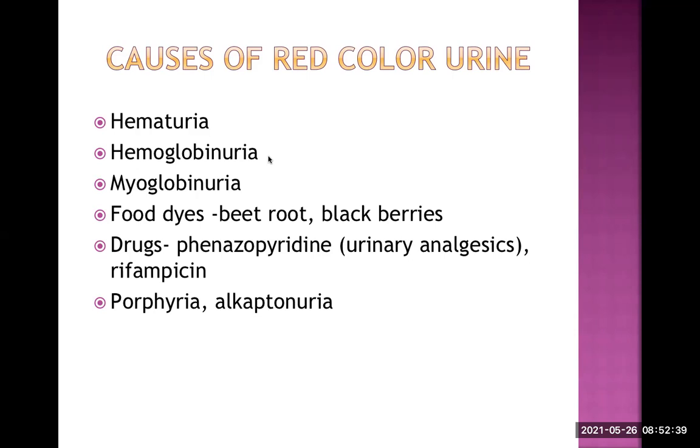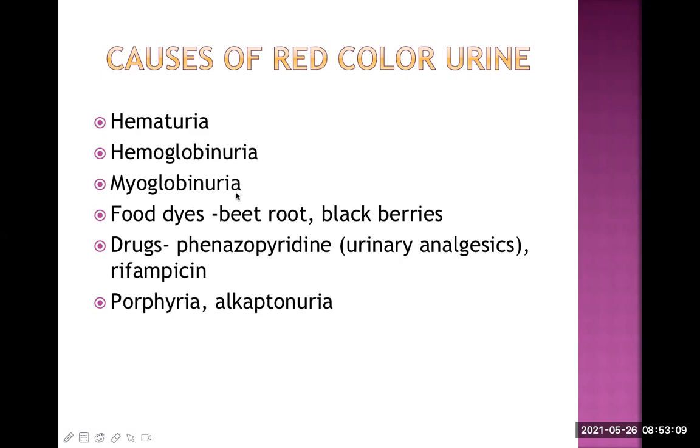G6PD deficiency is another one. Autoimmune hemolytic anemia is another one. Drug reactions can also sometimes lead to hemoglobinuria. Sickle cell anemia and thalassemia are chronic types of hemolytic anemia, so the chances of hemoglobinuria are not that high. It can occur, but is not a very important cause.